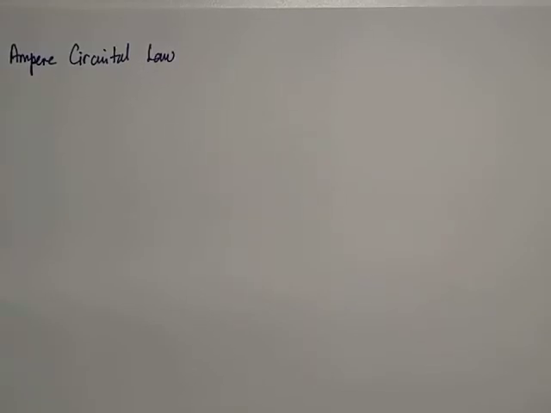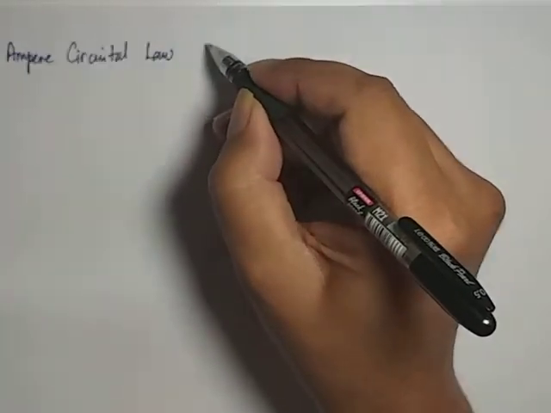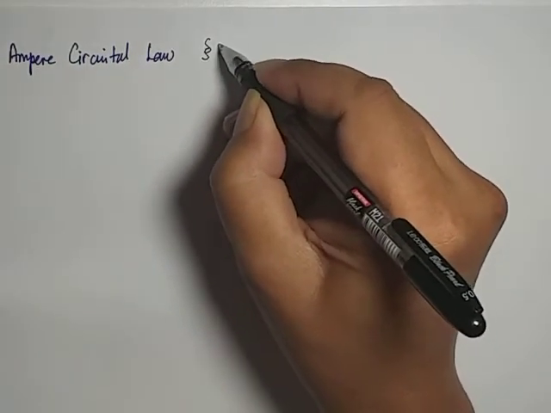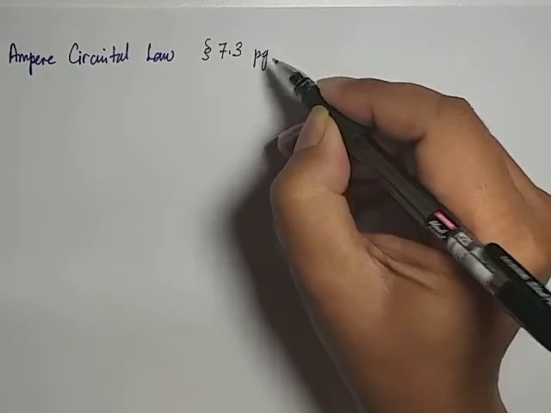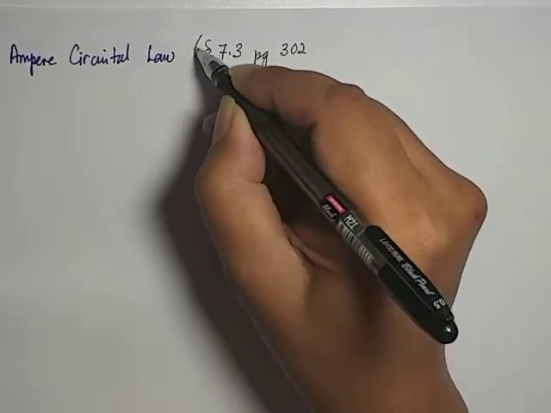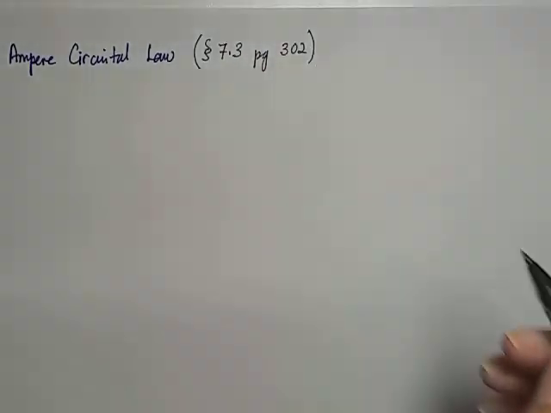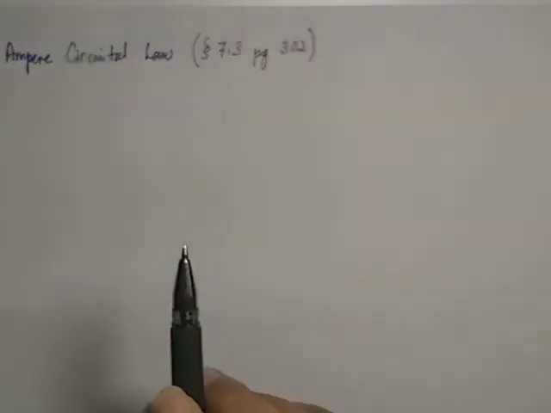For those who still want to refer to our textbook, please refer to section 7.3, page number 302. That should be relevant to what we're going to discuss in this lecture.